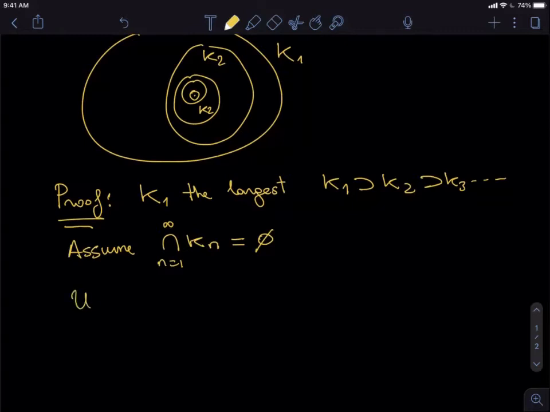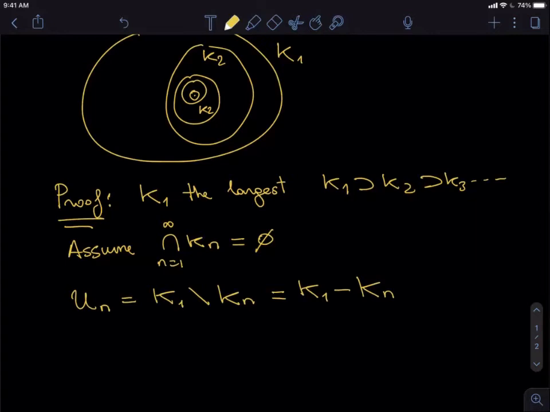We are going to define new sets U_n as K1 minus K_n. There are two notations for the difference of two sets. We can write it with the slash, or we can write it with a minus, K1 minus K_n.